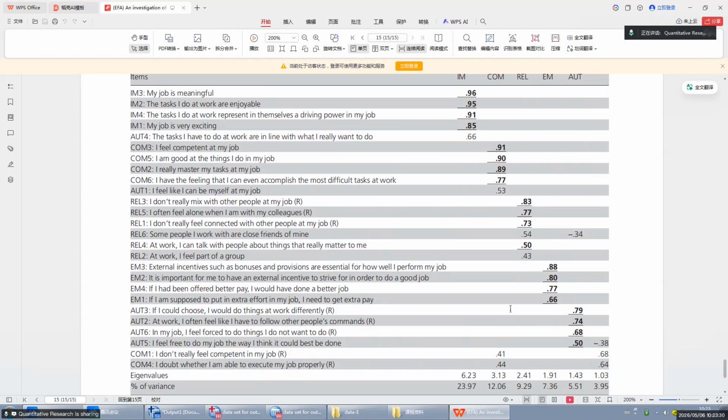Why the items remain in the data analysis, why the items were removed from the data analysis. You have to understand the reasons. Okay. So much for exploratory factor analysis. We are going to move on to the next data analysis.